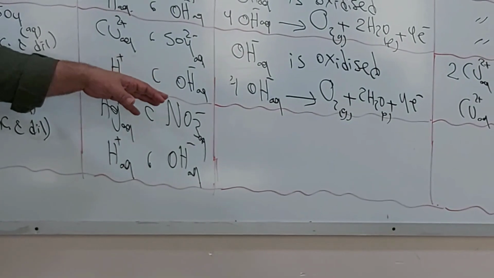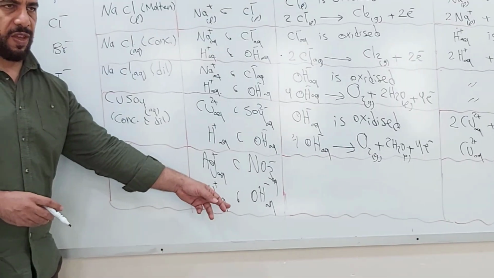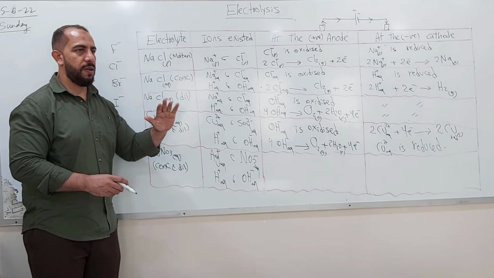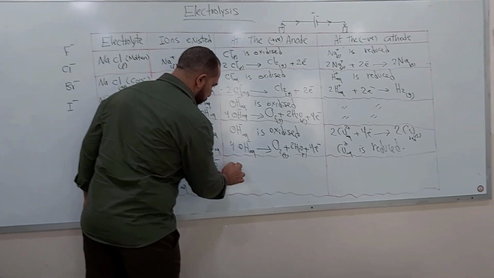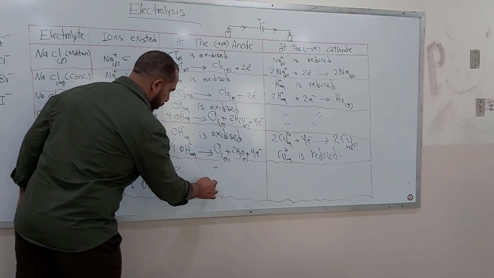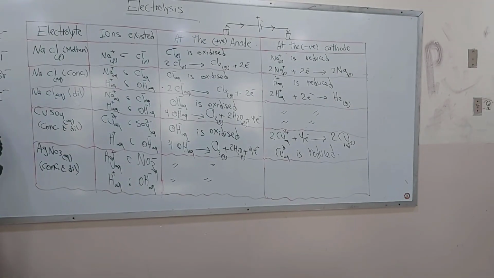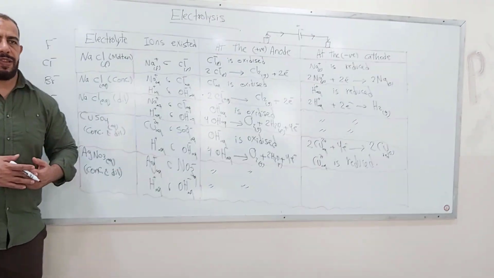Which one is more likely to be oxidized? Is it NO3 or OH? I think it's OH. OH, because no halide. These are all guys. Because no halide, so it's OH. So we can do the same here, guys, like this one. We can copy the same result and the same half equation for the OH. What about Ag and H? Which one is less reactive, guys?